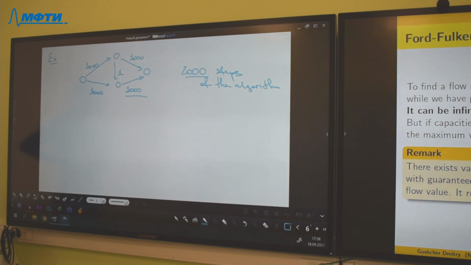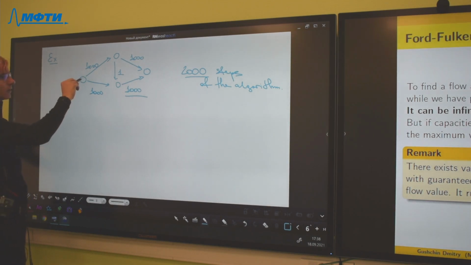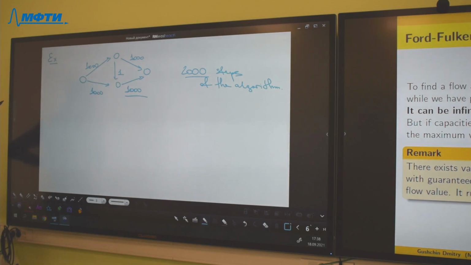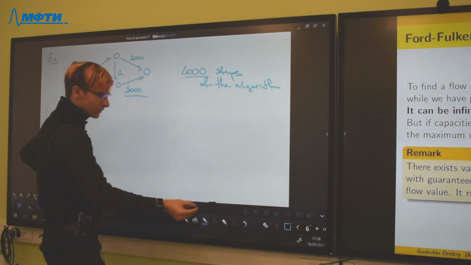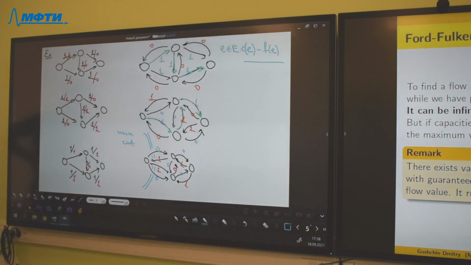Yeah. But if we have a random choice of the augmenting path, we can, for example, choose in each step paths that go through the middle edge. And then we get 2 steps and increase the flow through the upper path and through the lower path by 1.